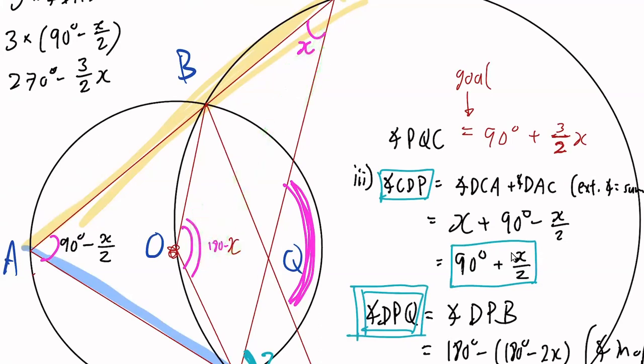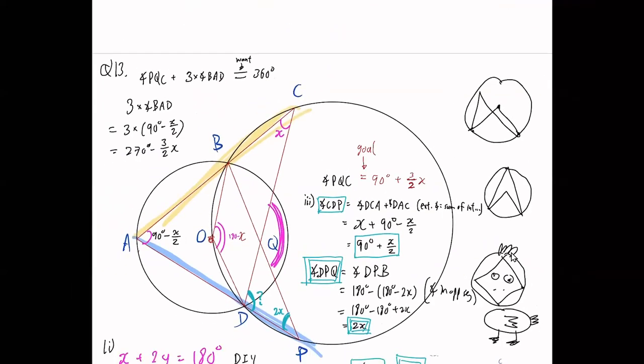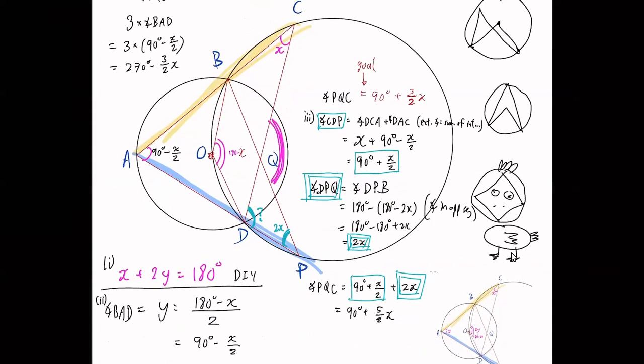How come I got 2x? Okay, no, it's just a single x. Like this. And then 3 over 2x. I made a correction here, and here, and here. Where else? I hope there's nothing wrong. Okay, good. And then we have shown angle PQC to be 90 degrees plus 3 over 2x.